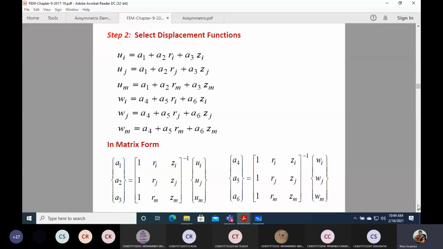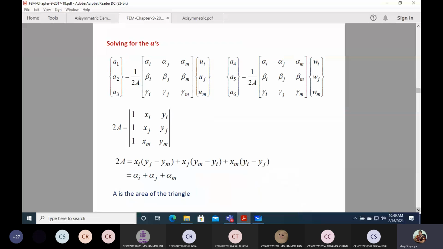There the matrix was 1 x1 y1, 1 x2 y2, 1 x3 y3. Here it is 1 ri zi, 1 rj zj, 1 rm zm. That's the only difference, nothing more.